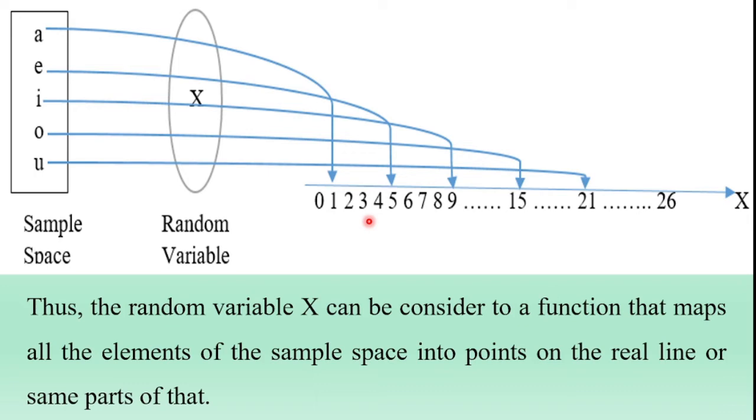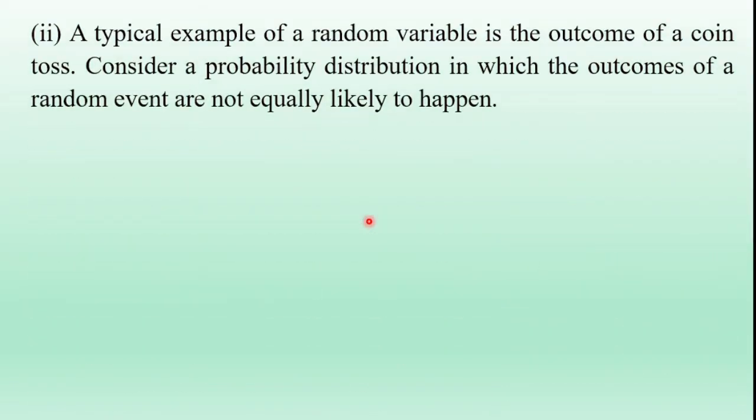Next, coming to one more example of a random variable. A typical example of a random variable is the outcome of a coin toss. Consider a probability distribution in which the outcomes of a random event are not equally likely to happen.